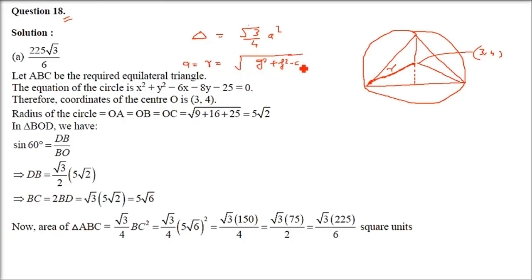Here g is 3, f is 4 and c is minus 25. So g square plus f square minus c, you get 9, 16, 25. Add these and take the root, you get 5 root 2. 5 root 2 is the radius.